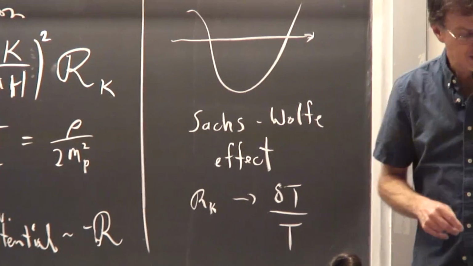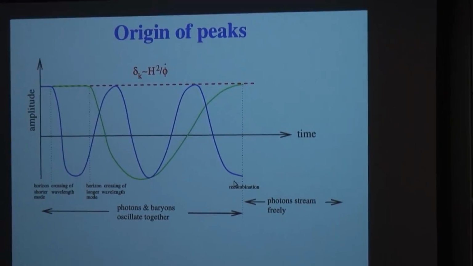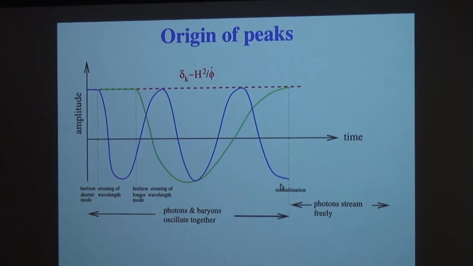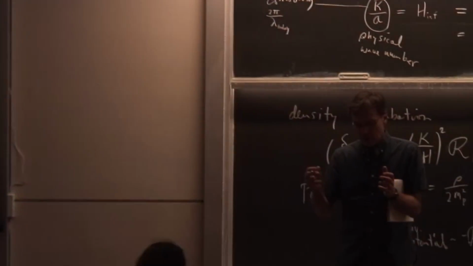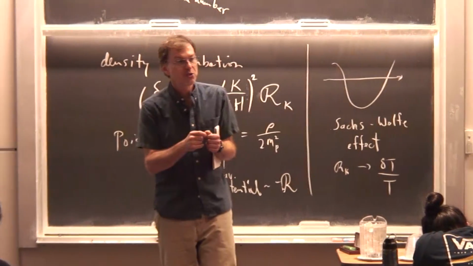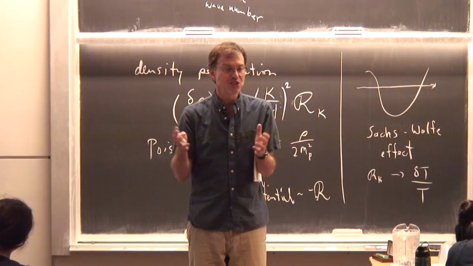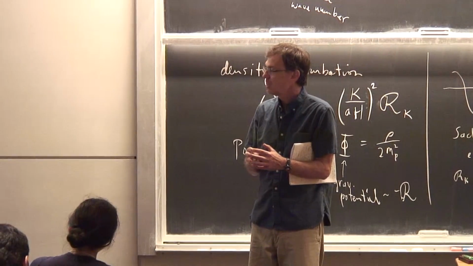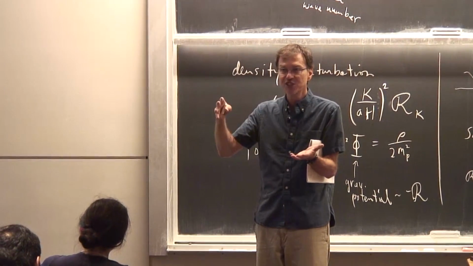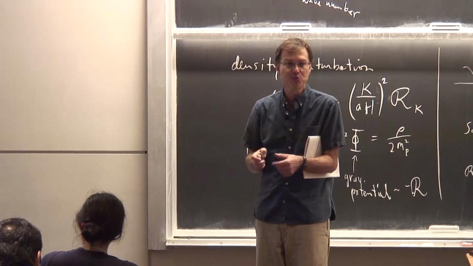And that's because the whole system, so imagine before recombination, when photons start streaming freely, they're interacting strongly with the baryons. It's a tightly coupled system. And because we have these fluctuations, there's rarefactions and compressions, there are sound waves, there's pressure.